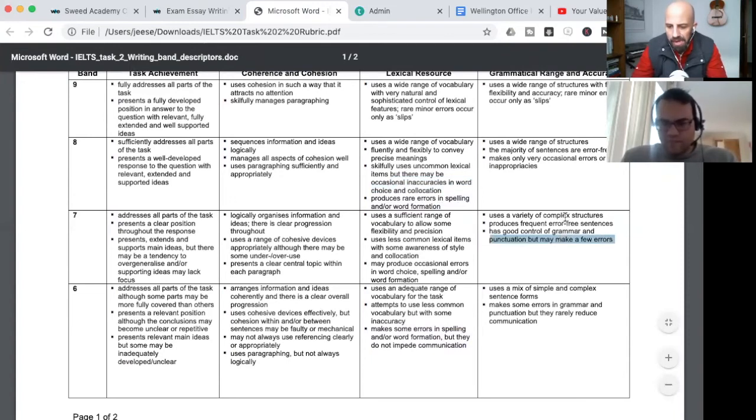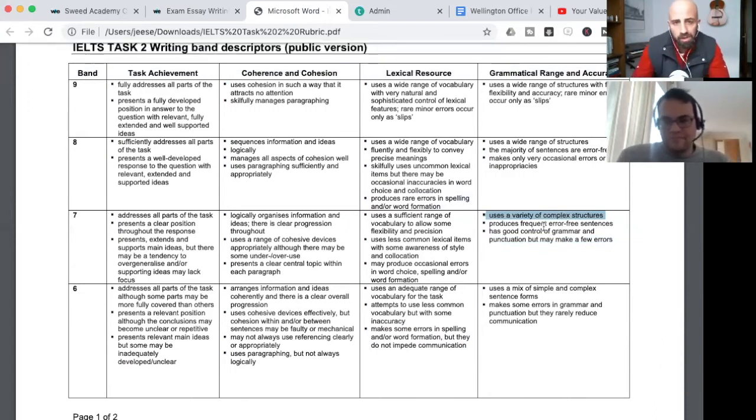Use a variety of structures. Don't just do a simple sentence, simple sentence, simple sentence. Use your passive voice. Use your perfect tenses, your future perfect, past perfect, things like that correctly. Conditionals.